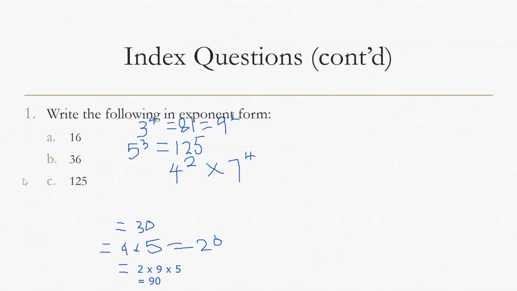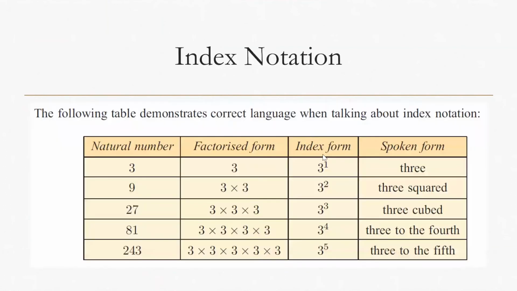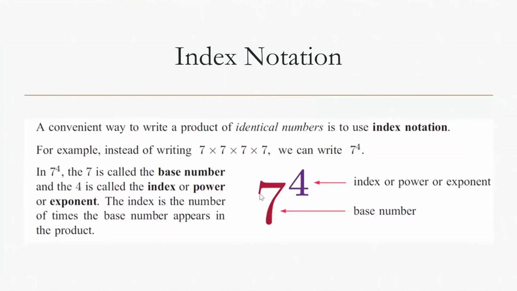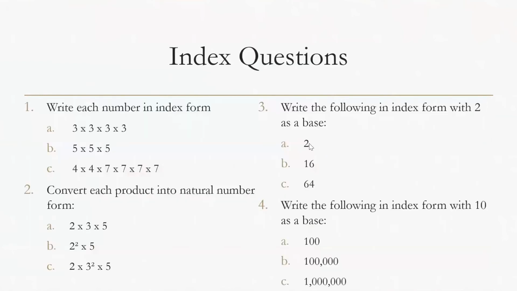This is what we mean by index form: you're expressing it as a power. And when we say a base of 2, we mean that this number here has to be a 2. So you're thinking in repeated multiplication using 2. How many times do I multiply 2 to get this given number? And I pronounce it as 2 to the power of whatever the exponent is. Can you try with 2?